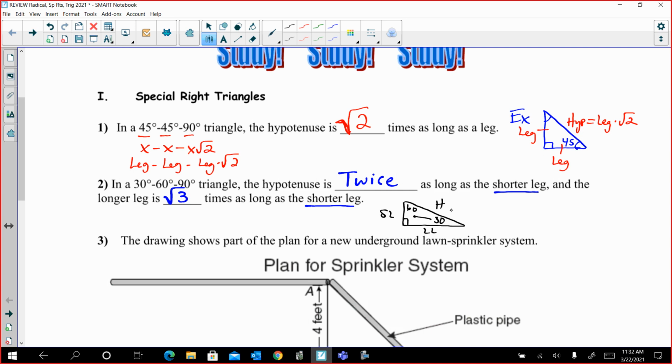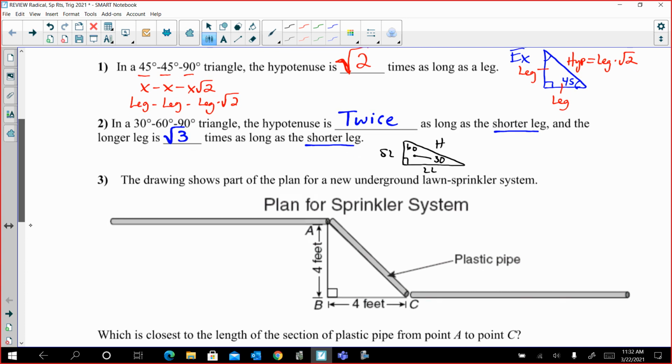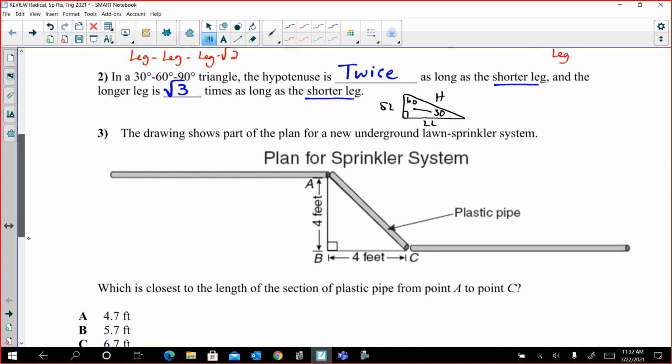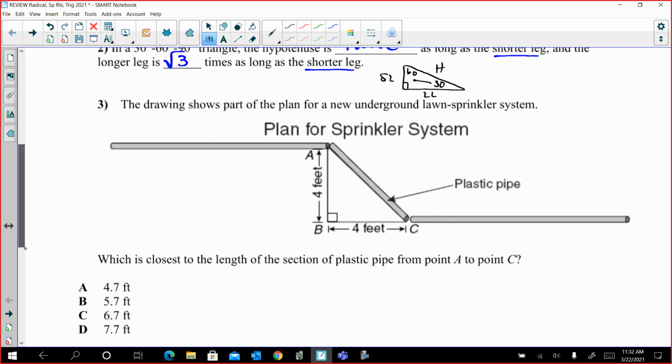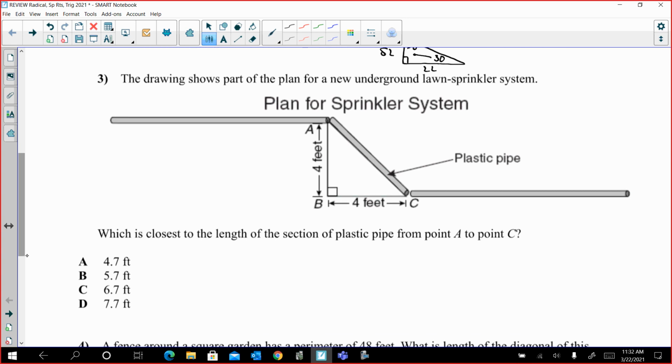Arthur, I'm going to give you the diagram for you. We want to talk about solving with the diagram versus solving without. So on number 3, taking those facts that were discussed on 1 and 2, they want you to figure out the closest length of the section of the plastic pipe from point A to point C. This is point A up here.